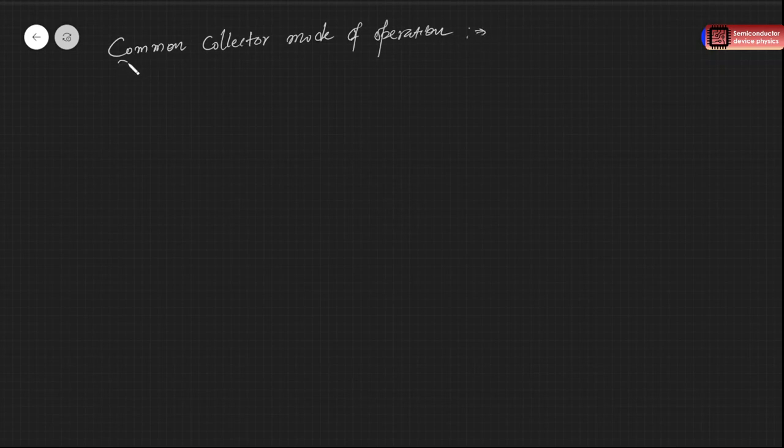Okay, we'll start with the common emitter and then we'll come back to the collector, because common emitter and common collector are very similar. We'll start with the common emitter first. In common emitter mode, the emitter terminal is common to the input and output sides. So I'll draw it in this vertical way.